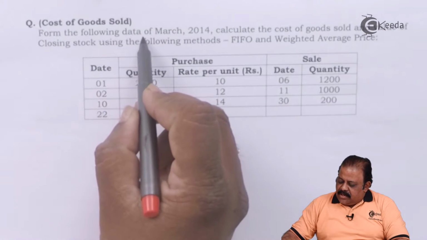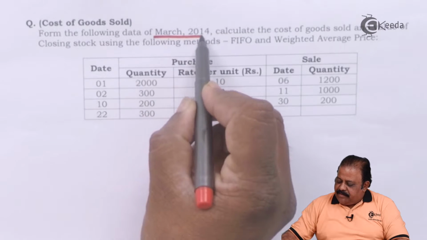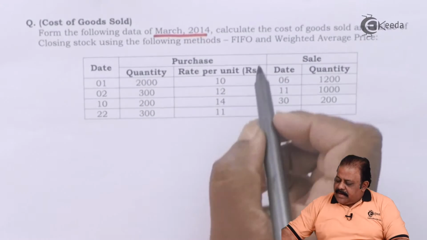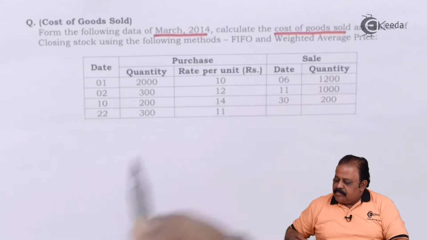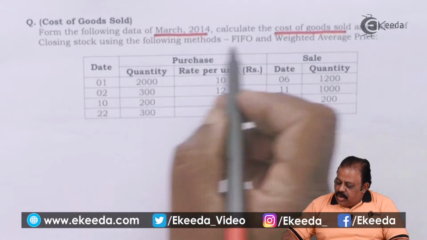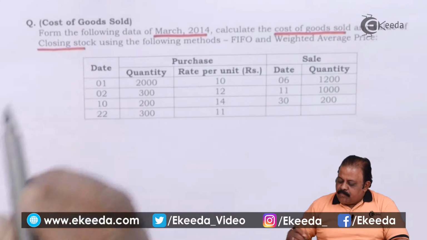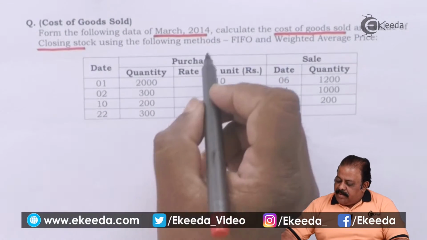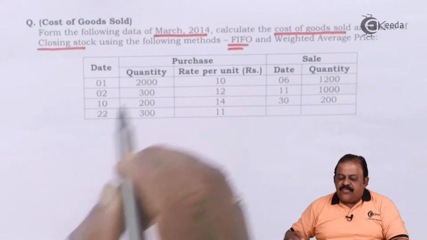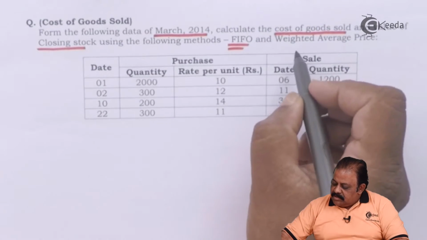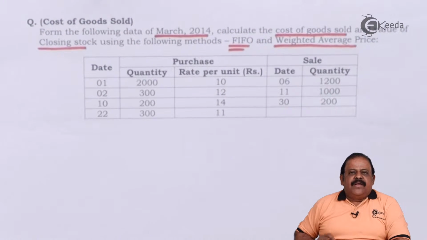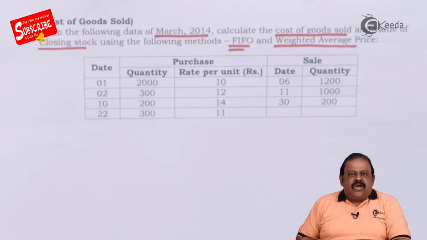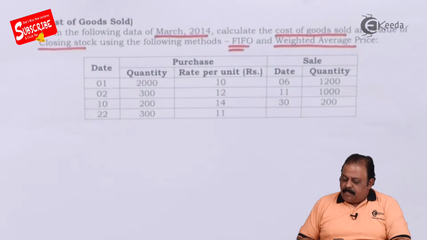From the following data of March 2014, calculate cost of goods sold and value of closing stock using the following methods: FIFO and weighted average price. So under both the methods we are required to calculate cost of goods sold as well as closing stock.